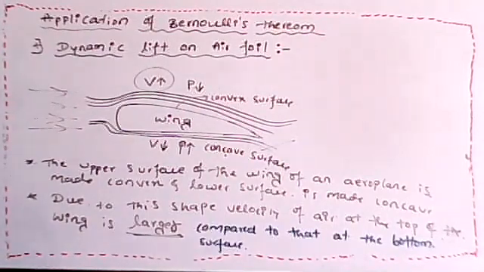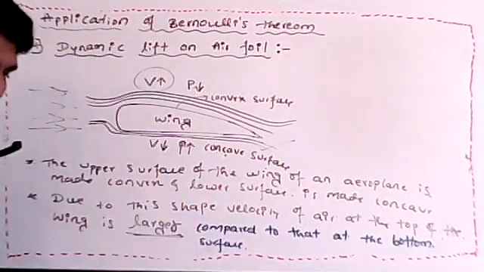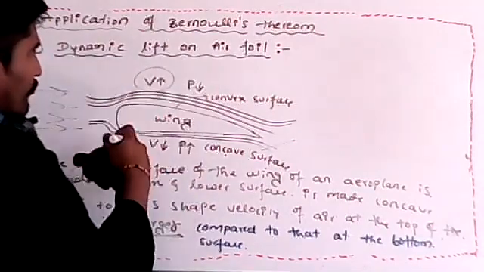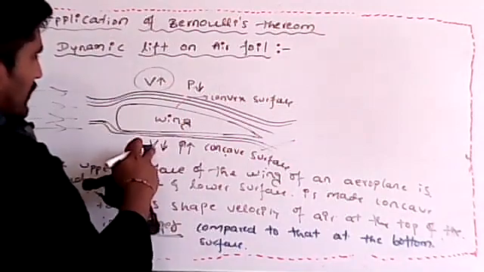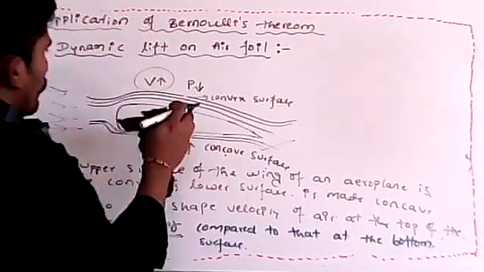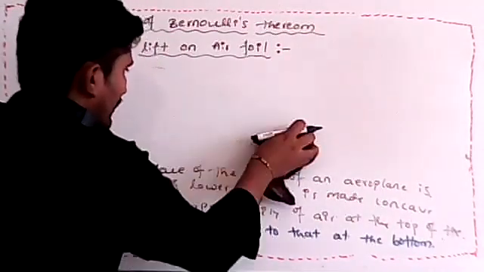Now, as a result, what will happen? We have written velocity, but what about pressure? As we know in the diagram, the pressure at the convex surface will be very less, and the pressure at the concave surface will be more. So we have to write all these things. Let me write that.